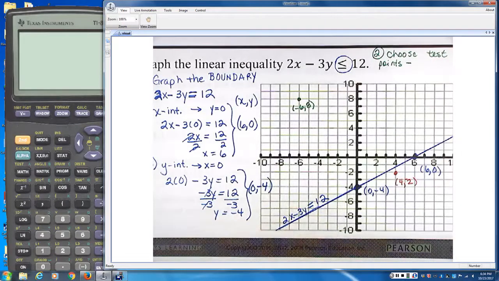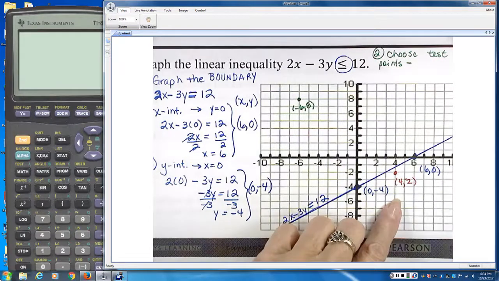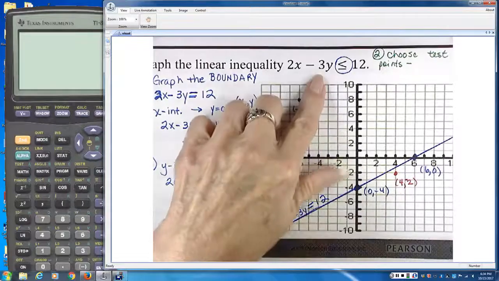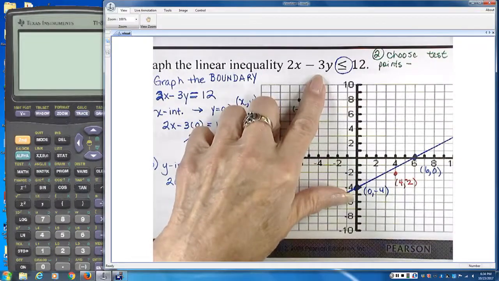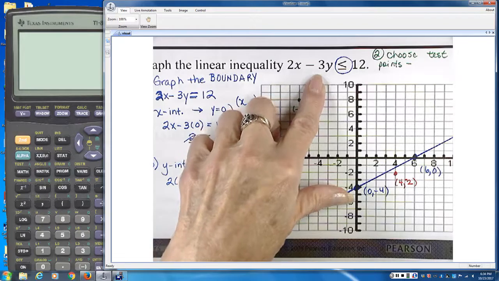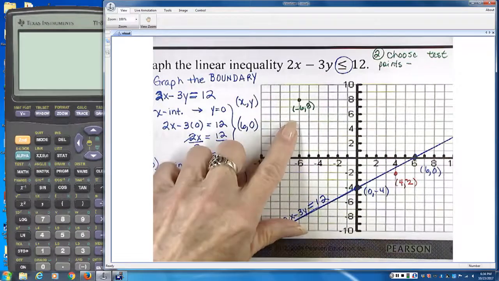We chose 2 of them, and we chose 1 on either side. What I'm going to tell you right now is that one of these will make this inequality a true statement, and the other one won't. So we're just going to check them both.